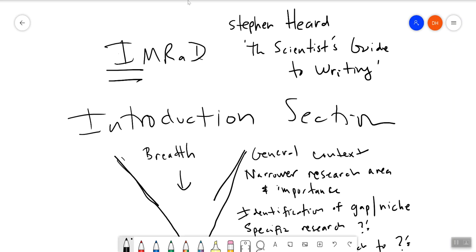Like I said, to once again quote my sources, I am taking this discussion from Stephen Heard's book, The Scientist's Guide to Writing. It's a very readable, very approachable book. I am discussing what he's discussing in his book because I've actually been in touch with him.